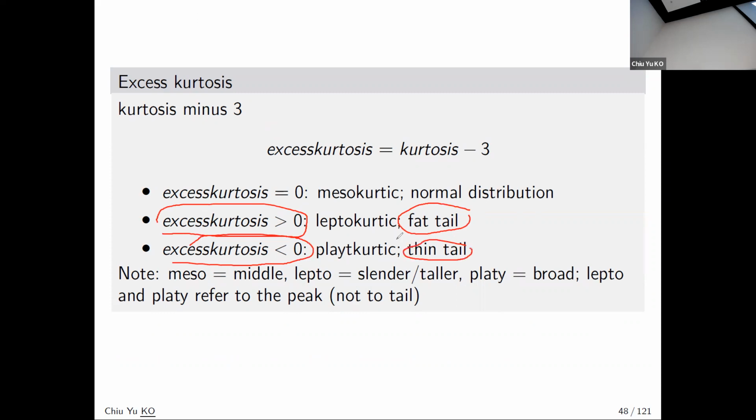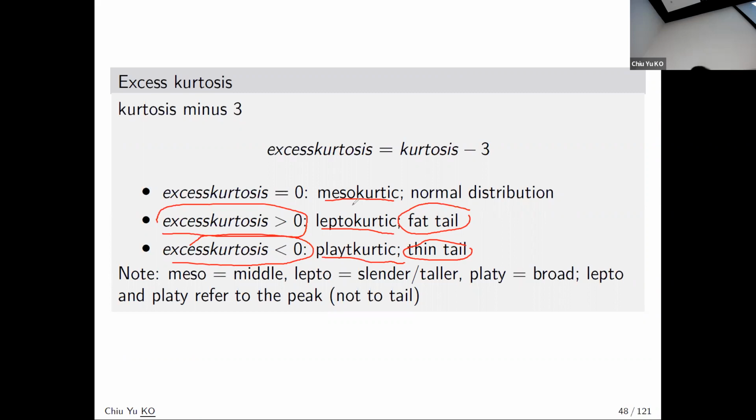And the Greek terminology for this is mesokurtic, leptokurtic, platykurtic. I'm not sure you need to know this, but usually we'll say excess kurtosis is 0, more than 0, or less than 0, or people call it fat tail or thin tail.